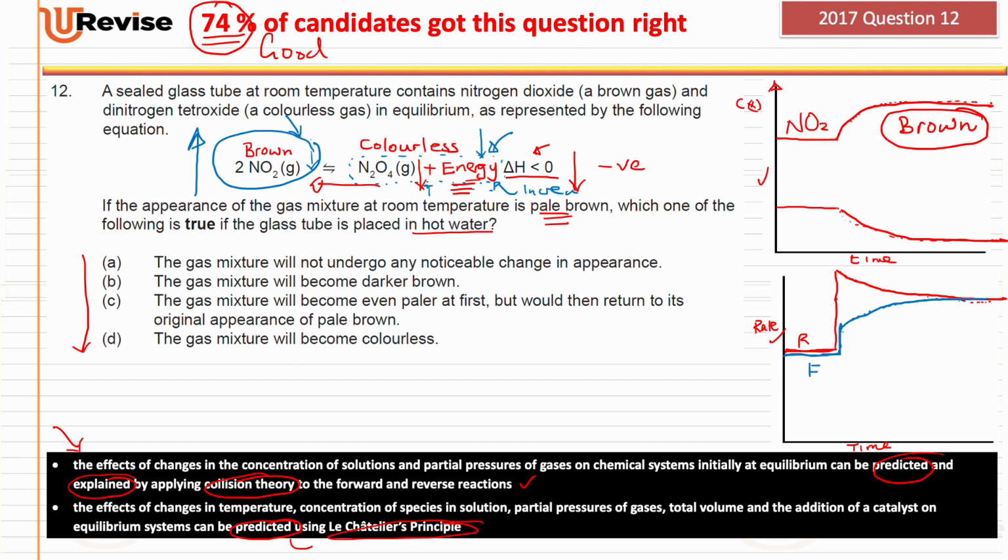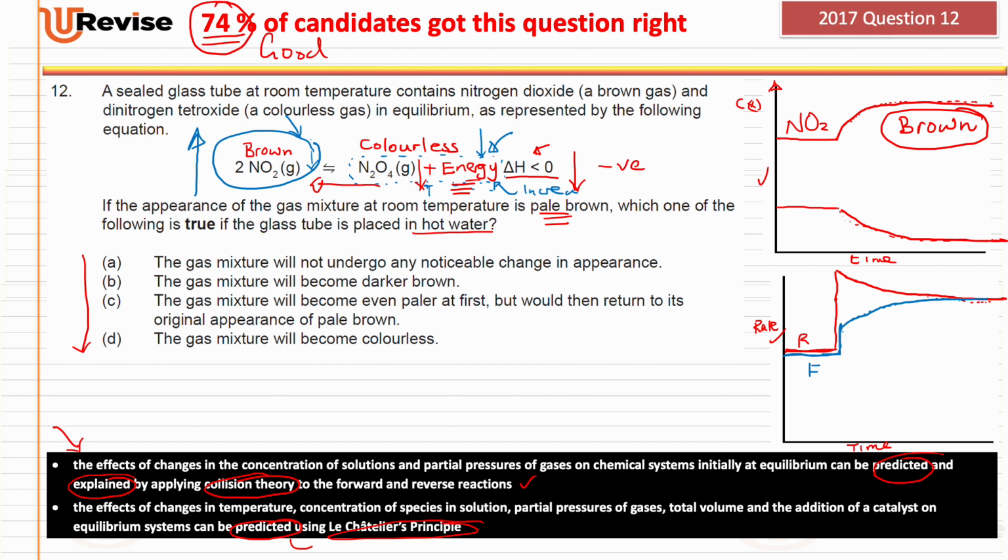So you have to be aware that whether you like it or not, there is going to be a question where you have to use Le Chatelier's principle, collision theory, draw these graphs, make predictions, and explain using this principle. So they are a permanent feature and they will be worth a few marks in your exam. Understanding and knowing how to draw this is very essential.